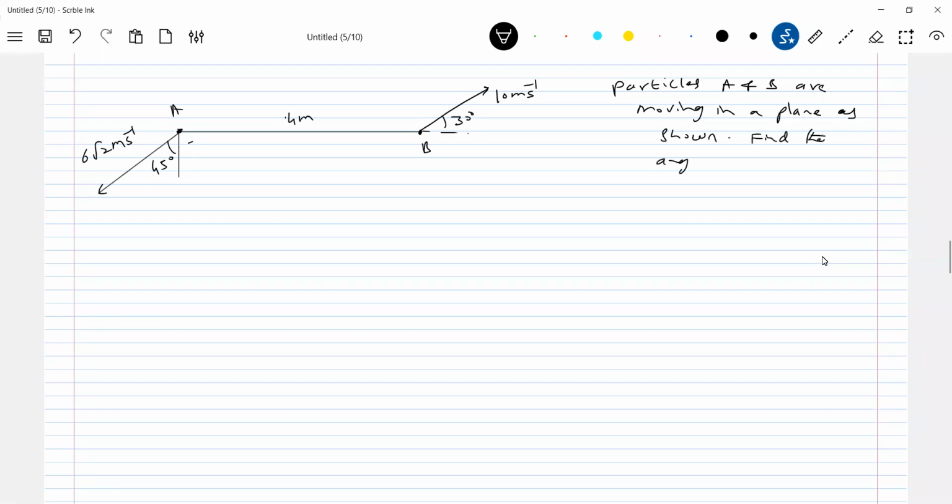Find the angular velocity of particle A with respect to B. Getting the idea? So this will be really troublesome for you. Sir, they are not moving in a circular path, how did you bring it? Okay, let's go for omega AB. I'll calculate.